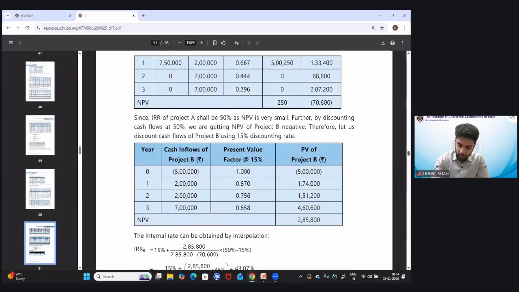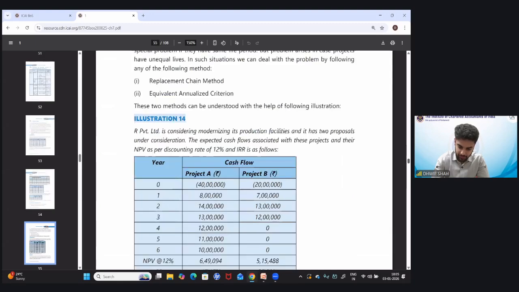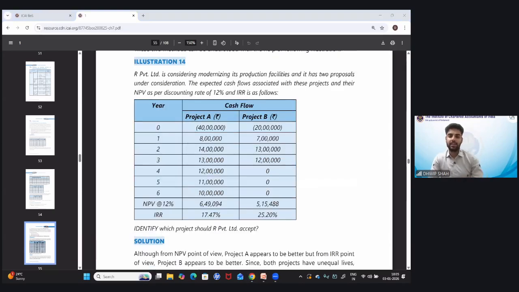I hope you all did this homework. हाँ ये रहा। जिसने किया गुड, जिसने नहीं किया वेरी बैड, यू शुड डू। Come to illustration number 14, all the students, illustration 14 of your module.